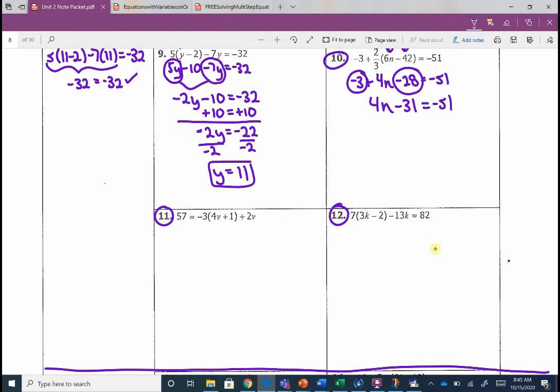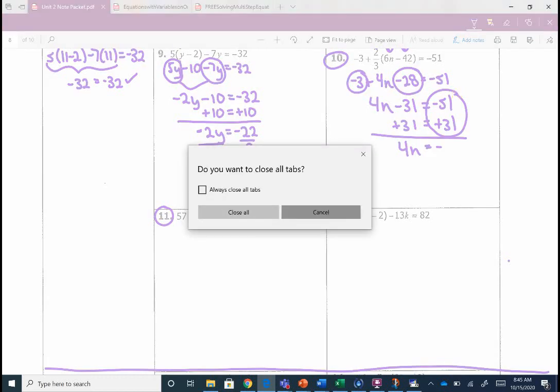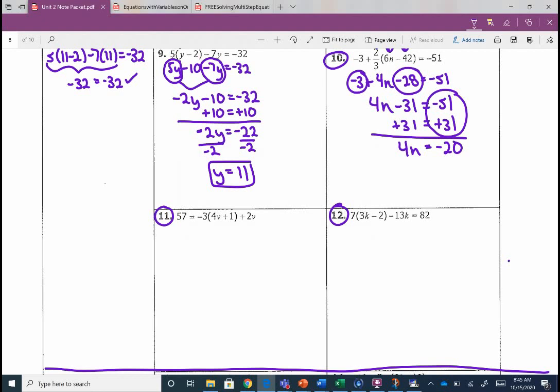Undo our subtraction. 4n equals, be careful on your signs. Negative 51 plus 31, it's still going to be negative. It's going to be a negative 20. Be careful with your signs. I think every person that I just helped with this question, the issue they were having was something to do with their signs.